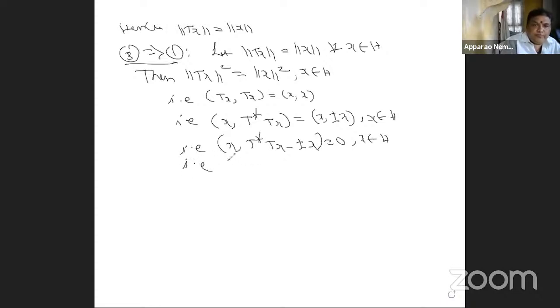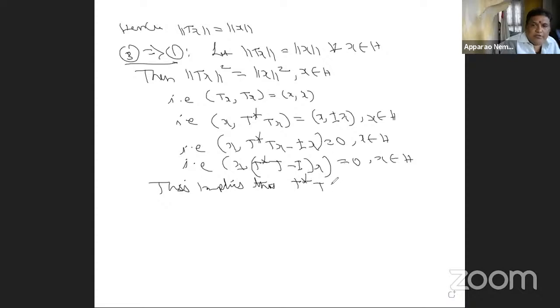That is, inner product of x, (T star T minus I) x equals 0 for x in H. This implies that T star T minus I equals 0.